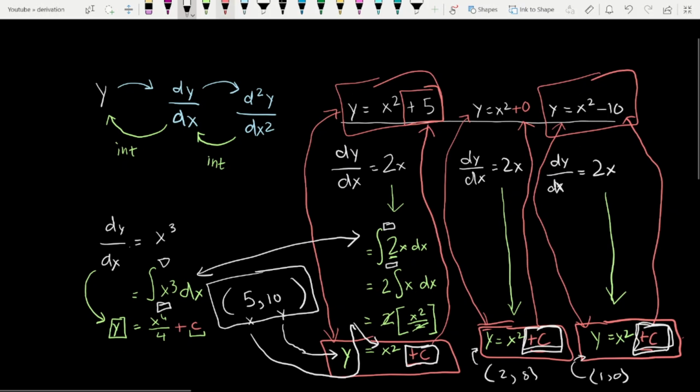But the idea is, whenever you're integrating, in order to reverse the process of differentiation, you've got to add that plus c. Now in the same way, we can have a double derivative. Let's say d squared y by dx squared is equal to, let's say, 2. And we're supposed to find an equation for y.